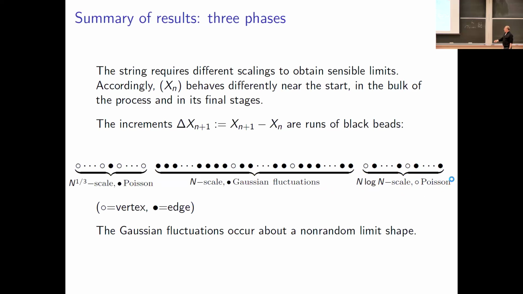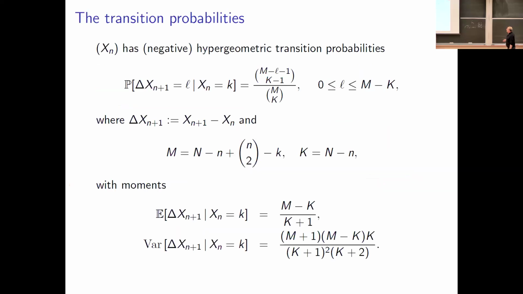So the whole picture is the following. The start is non-homogeneous Poisson, then the bulk is Gaussian in terms of fluctuations, and the end is Poisson again. Okay, now let's look in the details, for which we have still some time.